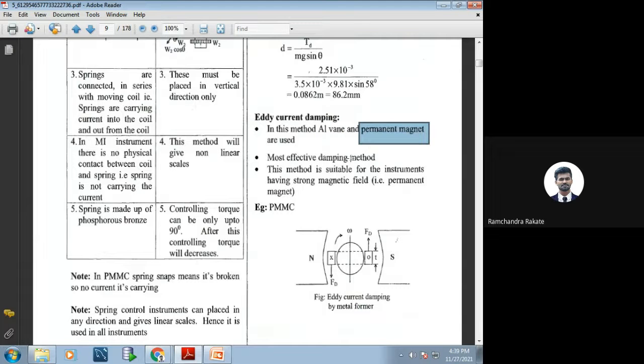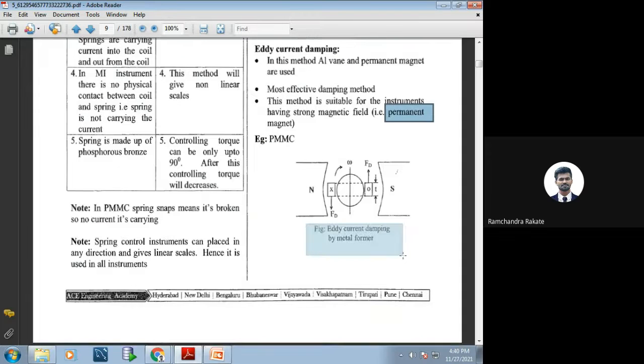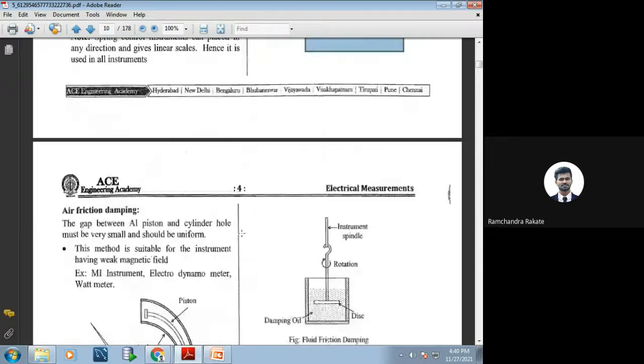This is the most effective damping method because we have a strong magnetic field from the permanent magnet. The best example of this is the permanent magnet moving coil, that is PMMC. Correct? Eddy current damping by the metal former.